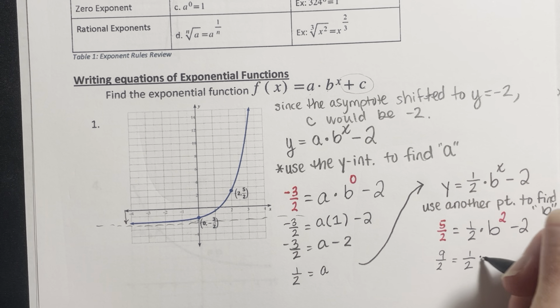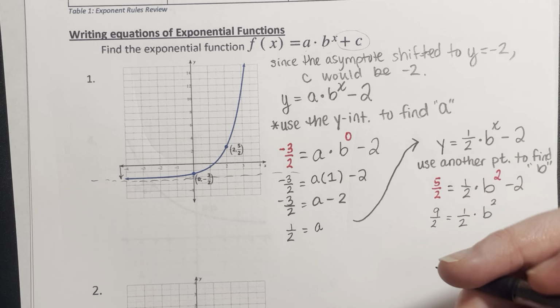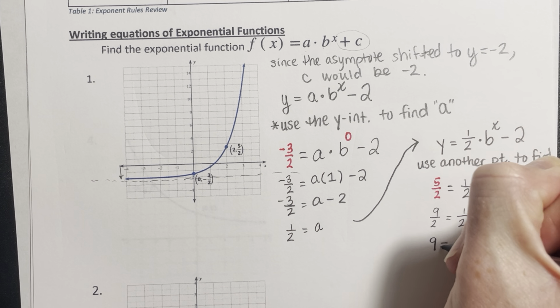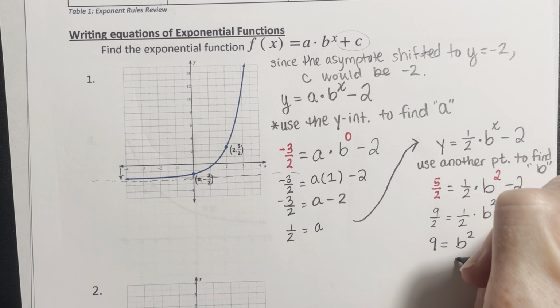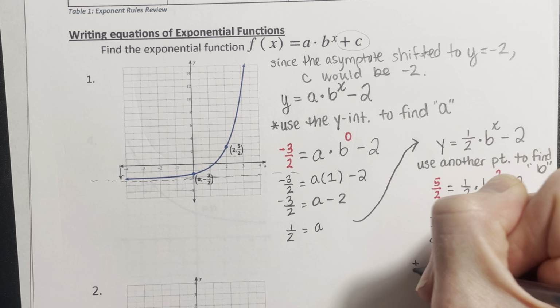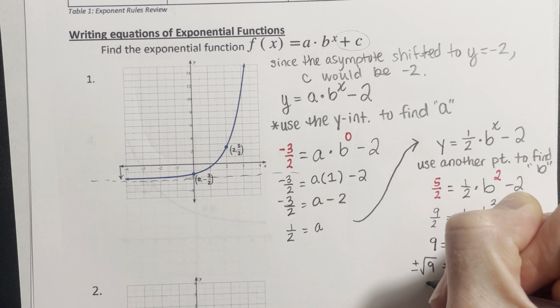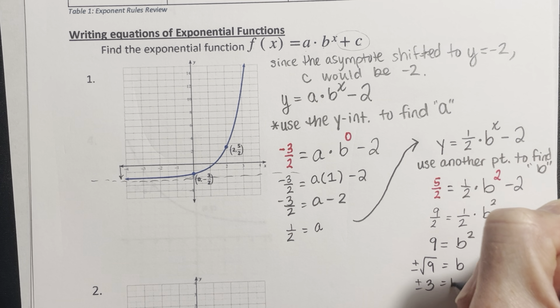9/2 equals 1/2 times b to the second power. We can divide both sides by 1/2. 9/2 divided by 1/2 would just be 9. So 9 equals b squared, and b is equal to plus or minus the square root of 9, which would be plus or minus 3.